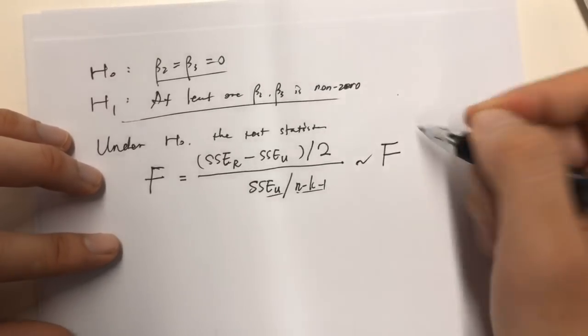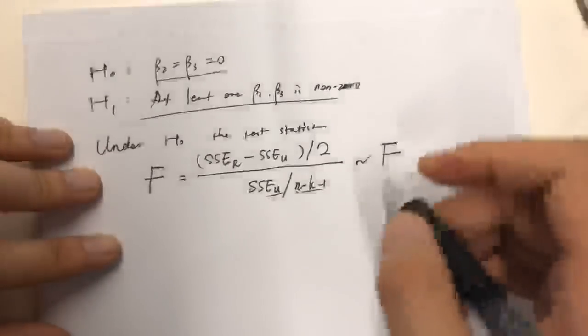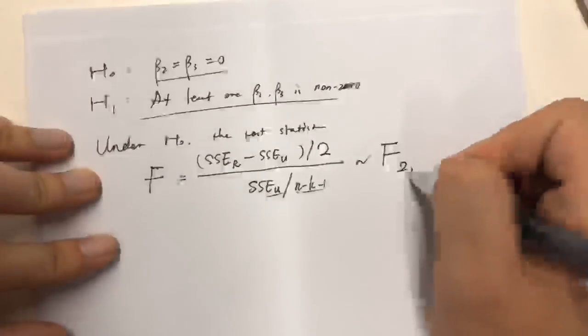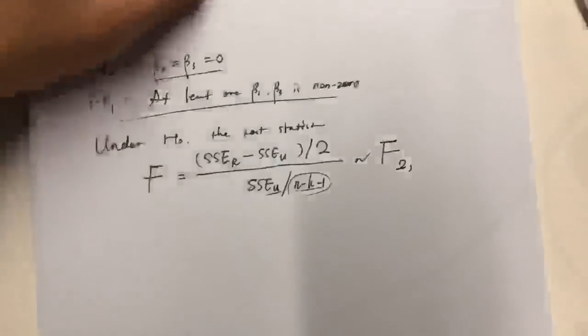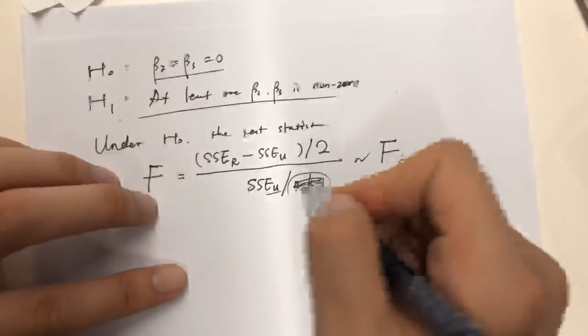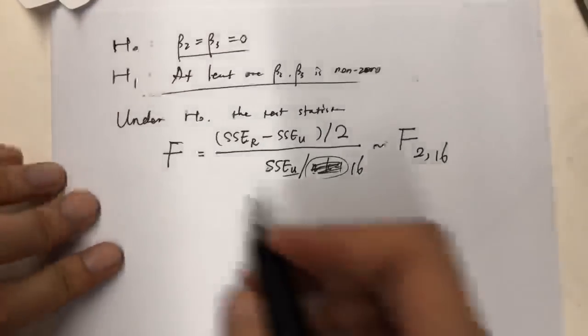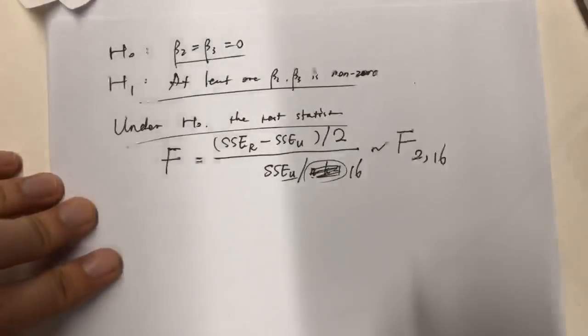And it follows an F distribution, which has degrees of freedom 2 and n minus k minus 1. So n is 21, k is 4, so 21 minus 5 is 16. I'll just write 16 over here. This is the test statistic.